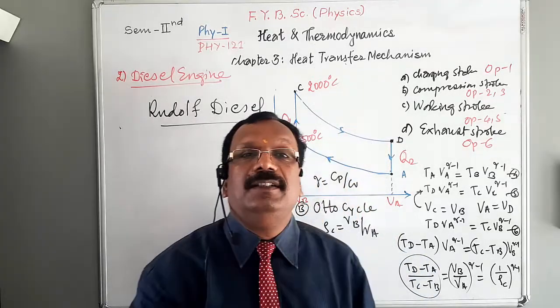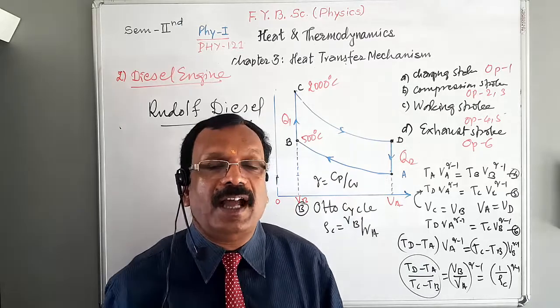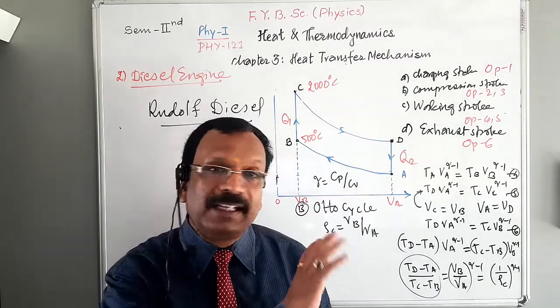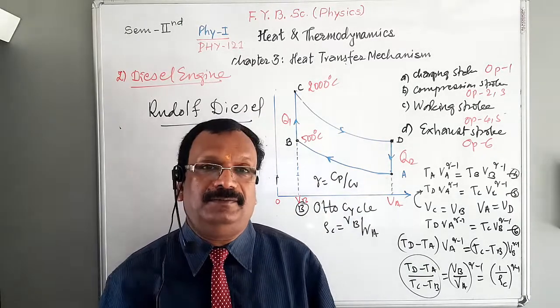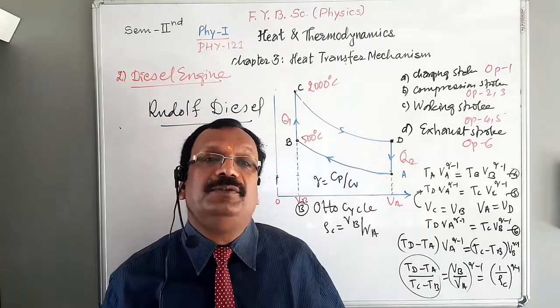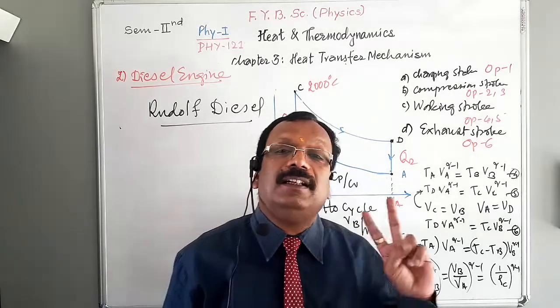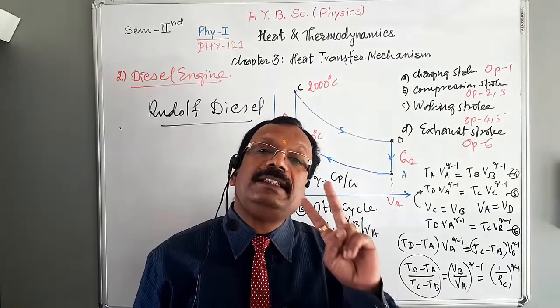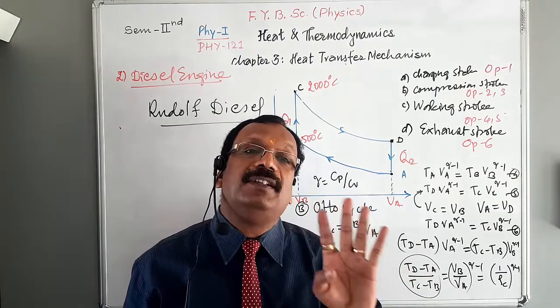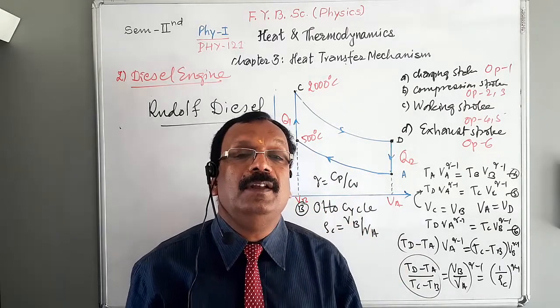In the Otto engine there is a control system of two valves only, I1 and I2, and there is a spark plug. Here the spark plug is absent or not used. Instead of a spark plug, the control system is made up of three valves, that is I1, I2 and I3.